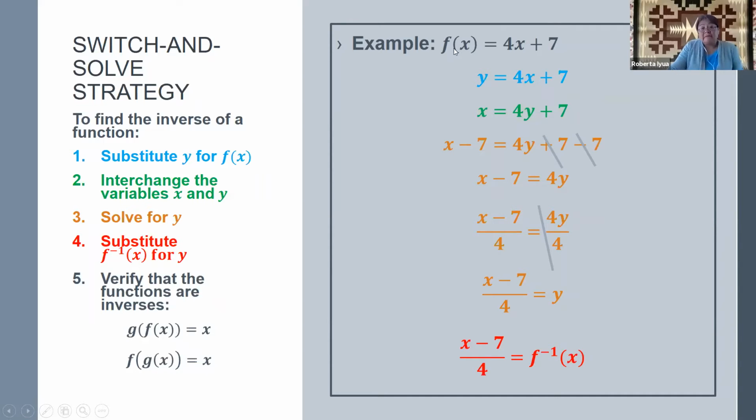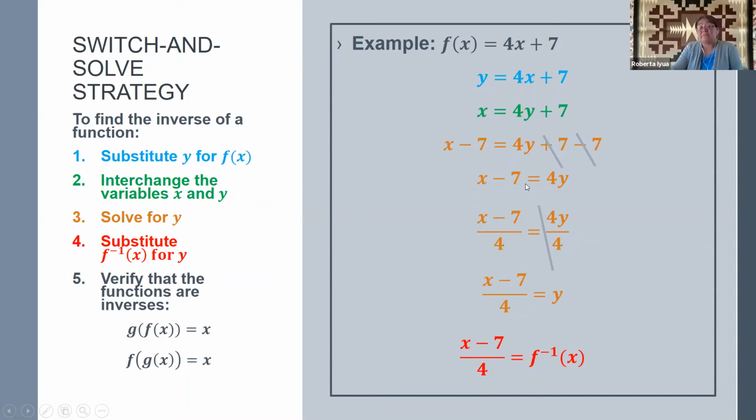My example is f of x equals 4x plus 7. We substitute, so y equals 4x plus 7. Interchange the variables, so x equals 4y plus 7.